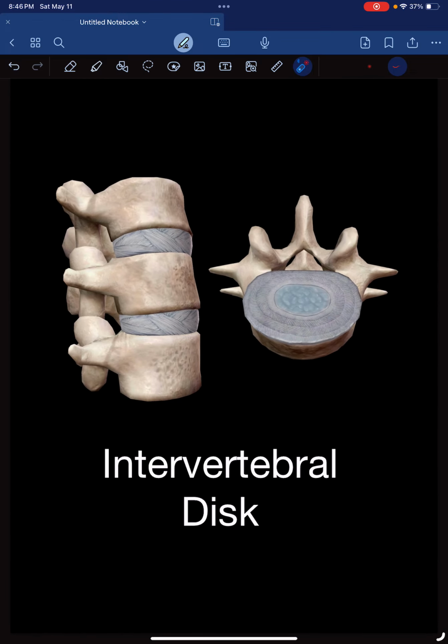Despite the intervertebral discs on their own not allowing for so much movement, when you've got many of them all doing little movements together, that's what allows the greater ranges of motion in your spine. Now, I will say one thing from a pathological standpoint: whenever you hear about herniated discs or bulging discs, these guys are what they're talking about right there.